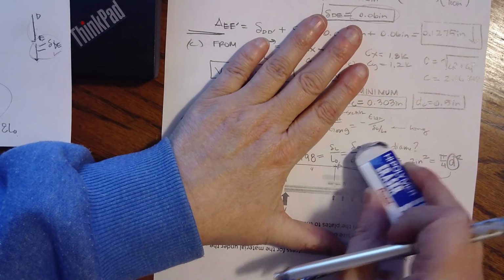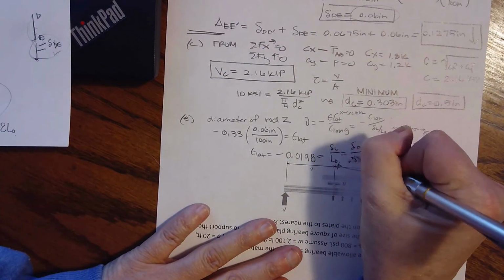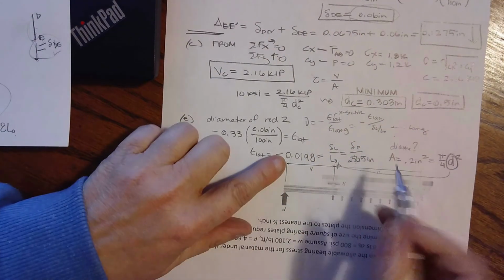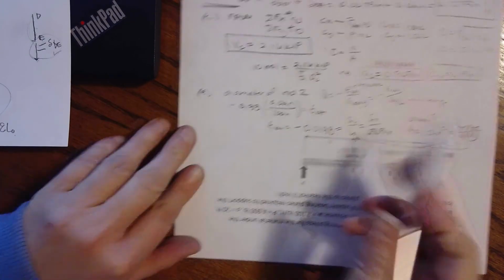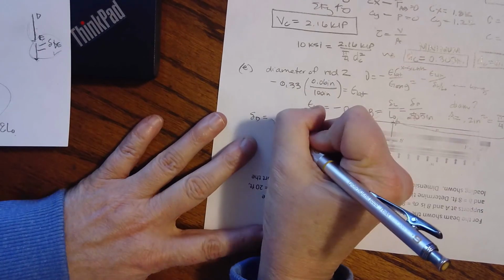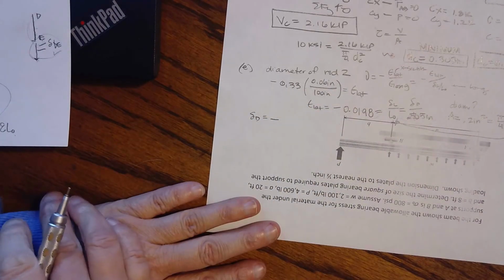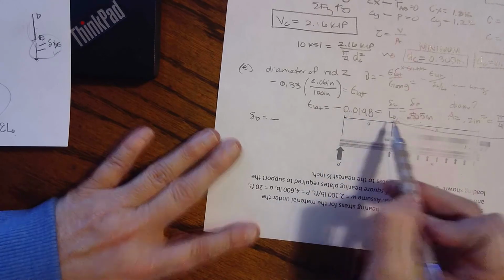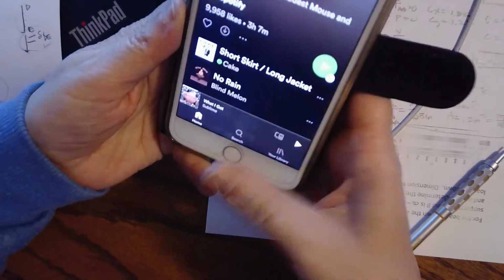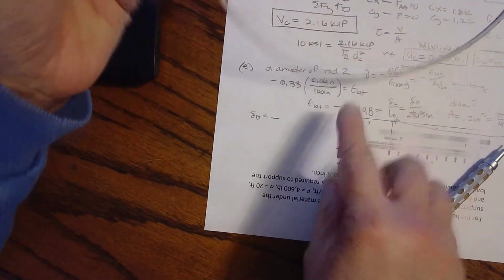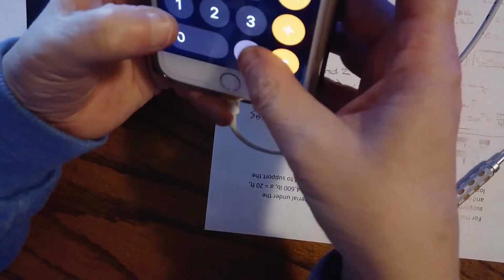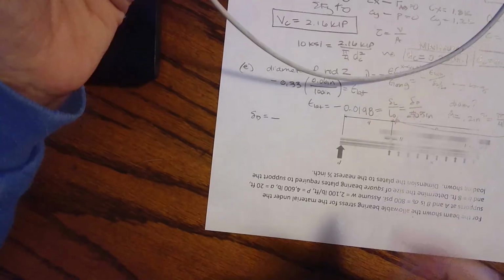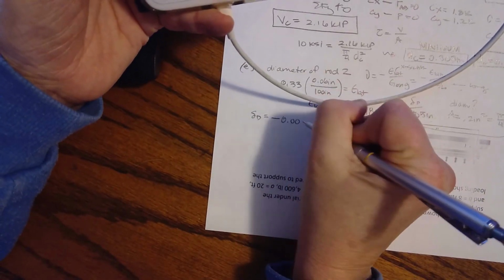So we can put 0.505. That's my original. And now I can multiply my original diameter times this negative strain, and I get that my change in diameter is a negative value. So I have 0.0198 times 0.505 equals negative 0.01, we're just going to call that.